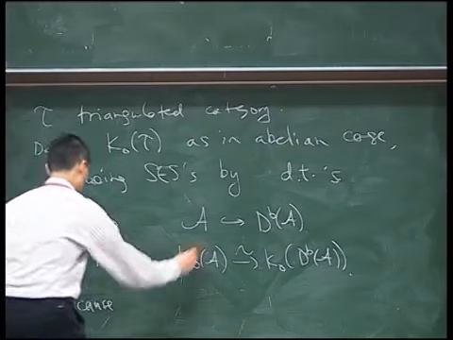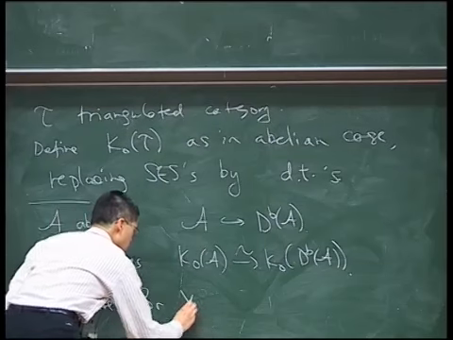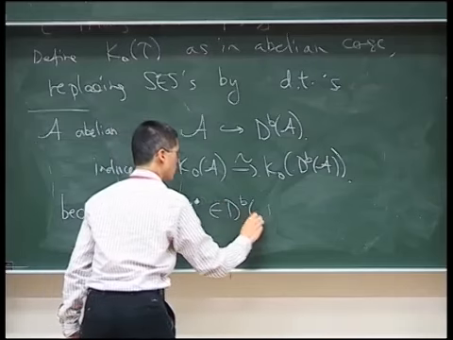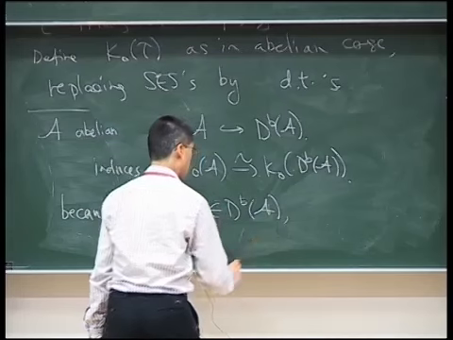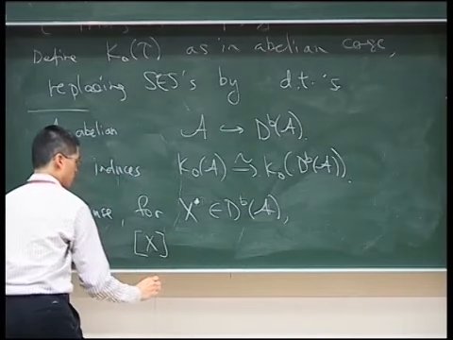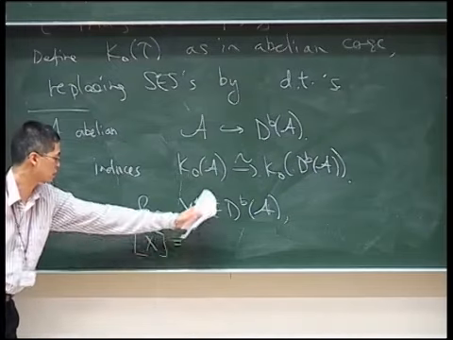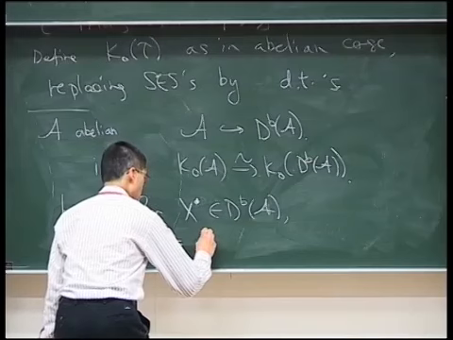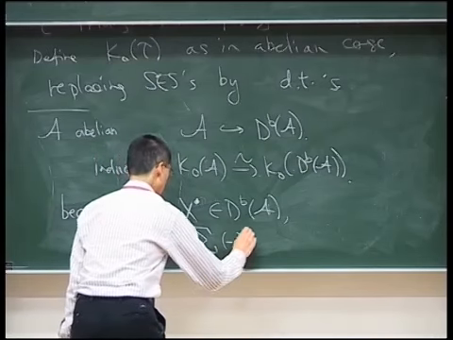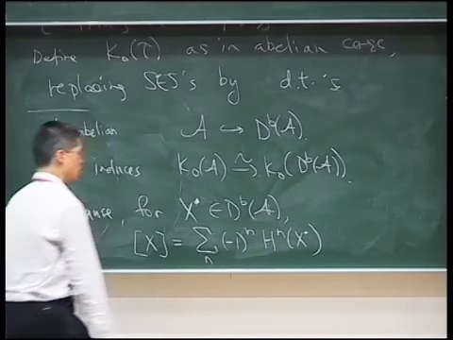To see that this is surjective, one notes that if you take any object inside the derived category, then its class in the Grothendieck group is just the alternating sum of its homologies, the sum of (-1)^n times H^n.